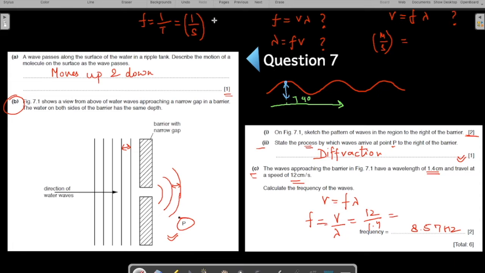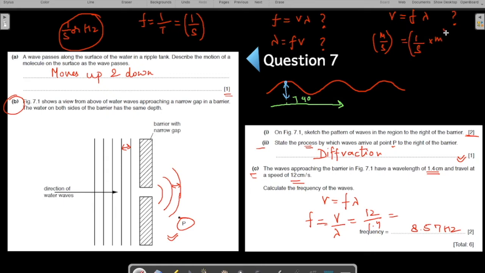Both mean the same thing. Let us not write Hertz, because Hertz comes from the name of the scientist. Let us write the simplest form of the unit, which is 1 over seconds. The wavelength is measured in meters.